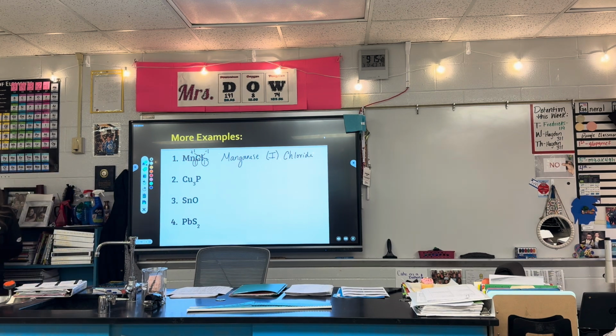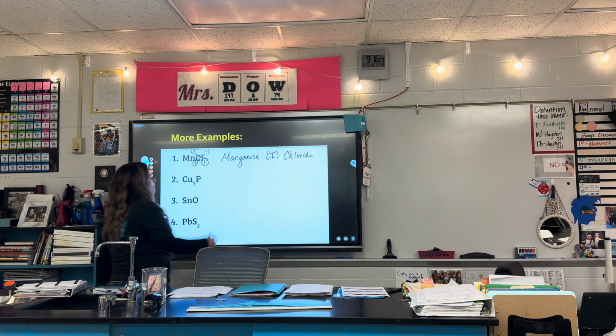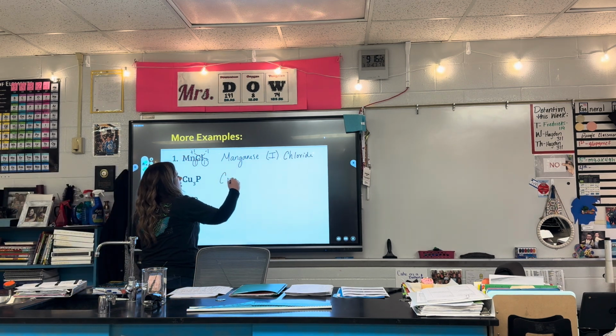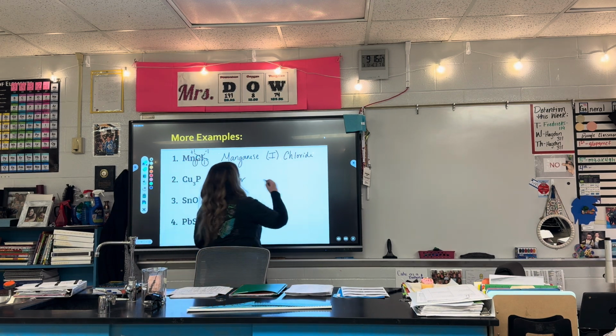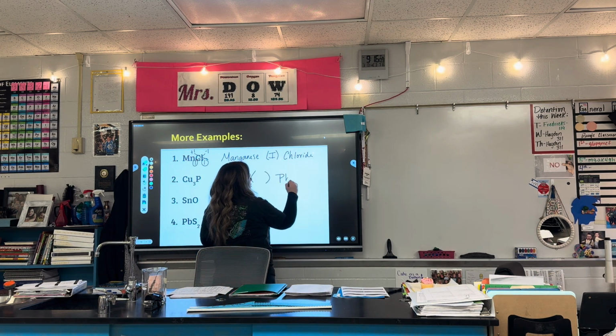Alright, next one, Cu3P. Alright, so find copper. It's in group 11, so we know we gotta put the charge in the name. Alright, so copper. And what's phosphorus gonna become? Phosphide, good.